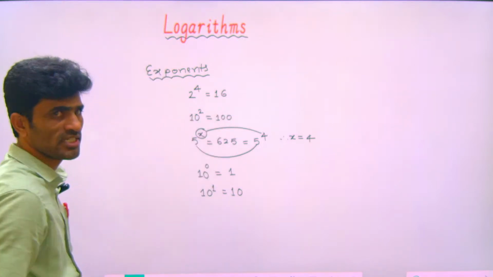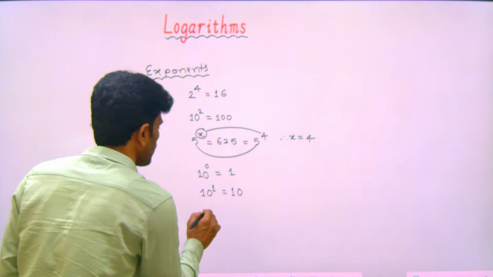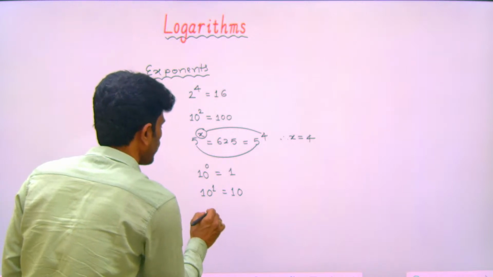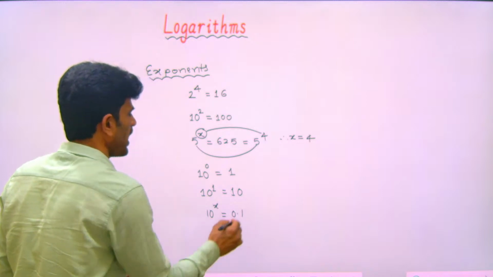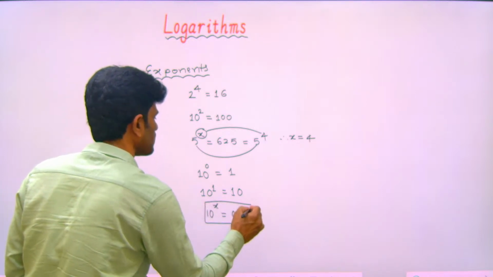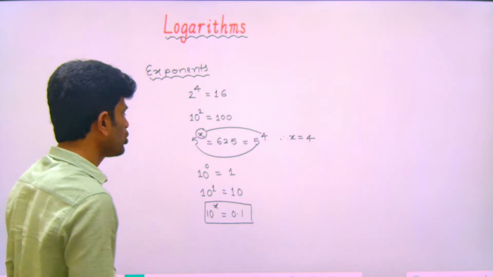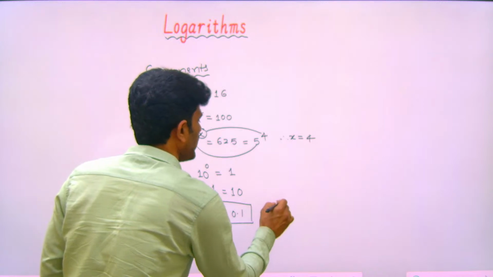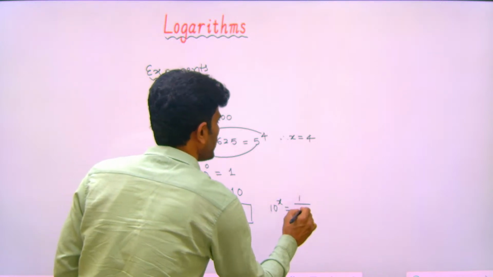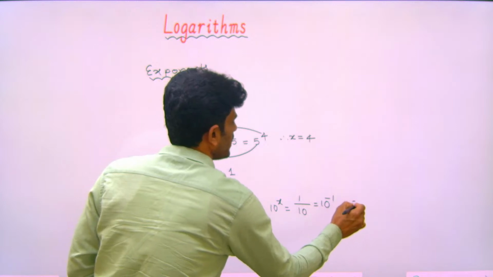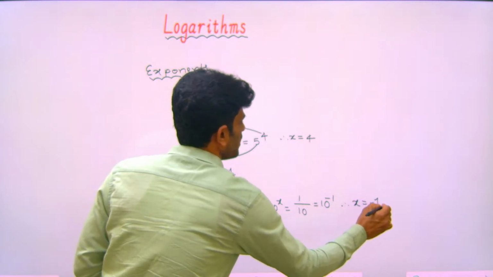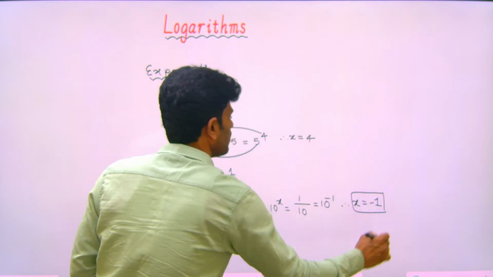These all are exponential forms. Now 10 to the power of x is equal to 0.1. I am asking you what is the value of x. Here also you will express 0.1 as 1 by 10, which is nothing but 10 to the power of minus 1. Therefore, x is equal to minus 1. Here also we got the value of x.